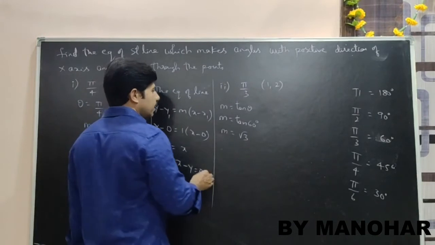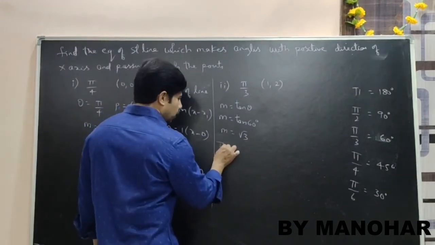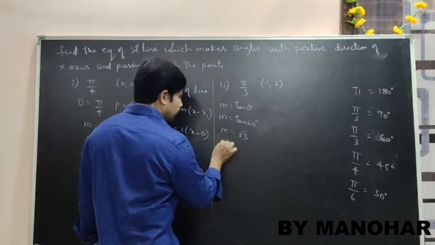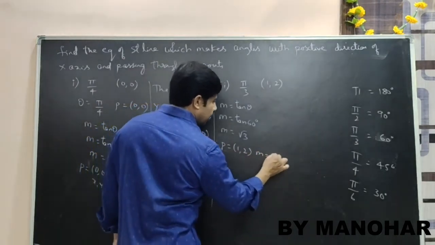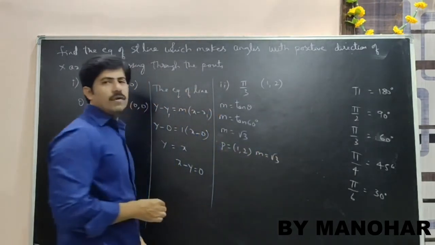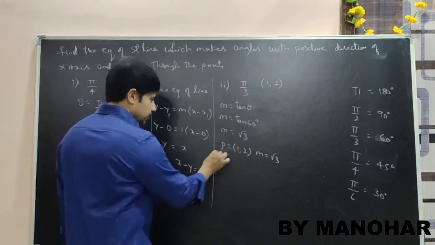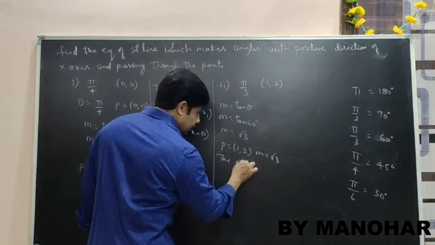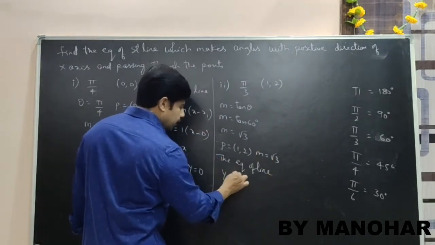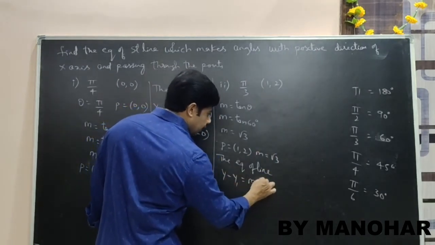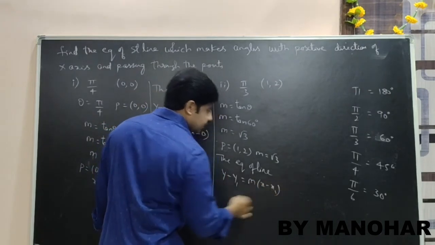Now after getting root 3 as a slope, what is the point we have? The point is 1 comma 2 and the slope is root 3. Now we have to find out the equation of a line. So the equation of line is nothing but y minus y1 is equal to m into x minus x1.